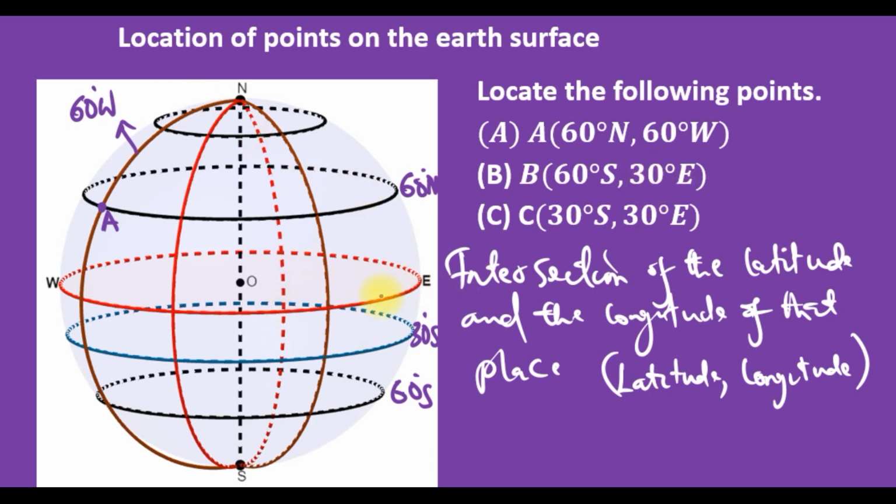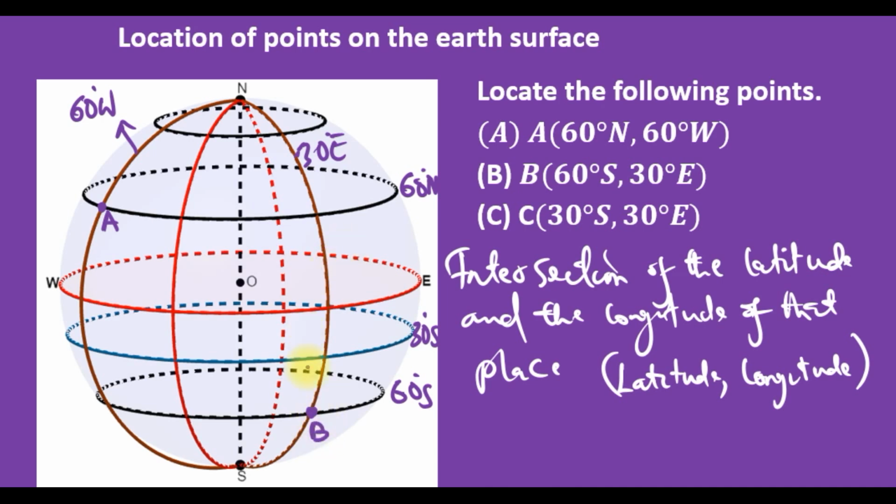Okay, this is east. Let me call this 30 east. So what's the point of intersection of 60 south and 30 east? That's it. Do you see it? This is the longitude 30 east, while this is the latitude 60. So this is point B.